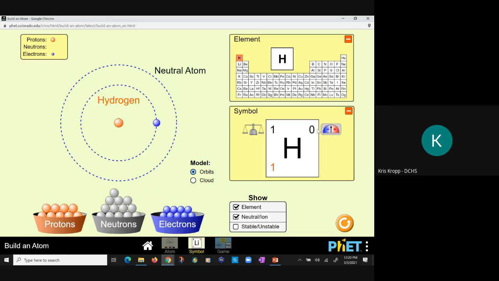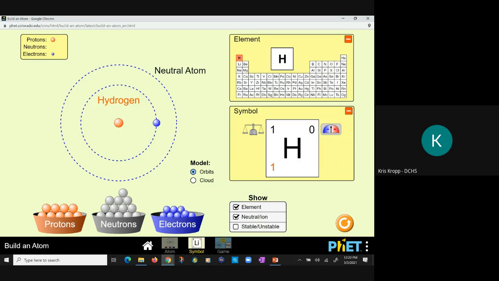So now notice my charge went to 0 because I have an equal number of protons and electrons. Notice my mass didn't change when I added that electron. Mass doesn't change. Now if I add a neutron, notice my mass changes. But this is the number of protons. That's why it's orange. That didn't change. And of course the charge didn't change because neutrons have no charge.